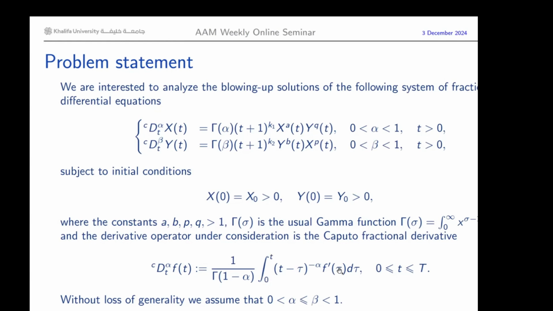But we see also that from the definition, the kernel here is singular, weakly singular. By weakly singular, I mean that by integrating once, the singularity disappears. It is no more singular. But still, this kernel of the weakly singular type usually poses a different challenge when we want to do our analysis.